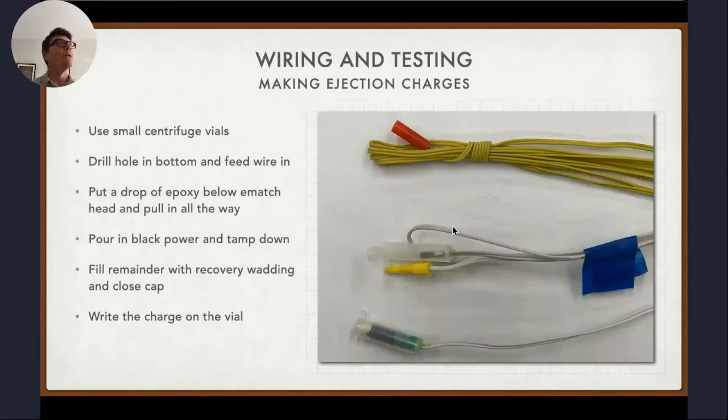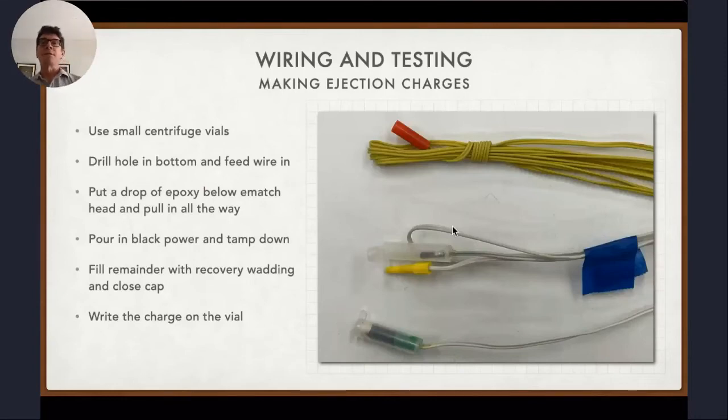Some people like to use aluminum electric match charge wells that are mounted to the ends. I don't think it really matters either way. I tend to do it this way because I can prepare the charges easily in the workshop and then bring them out and use them on the field without having to do too much work out in the field. So I prefer centrifuge vials.